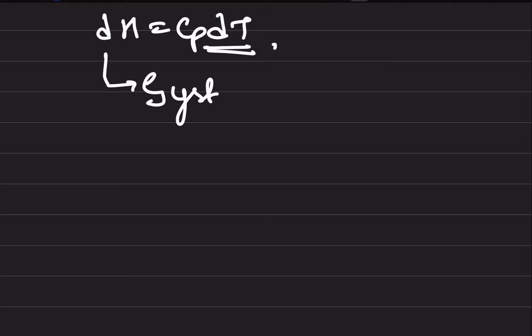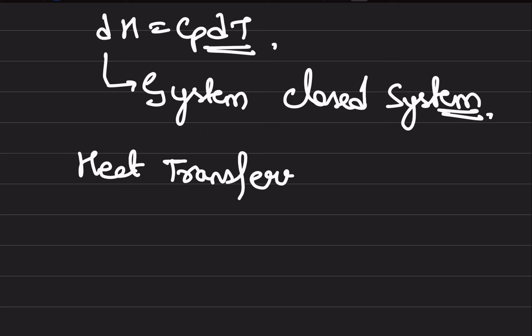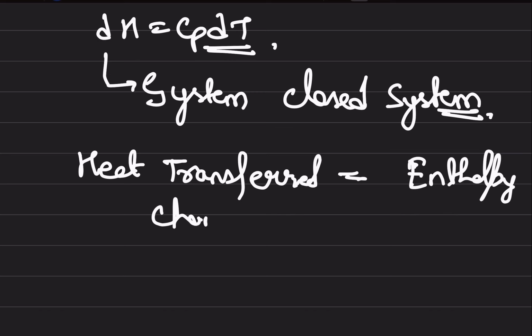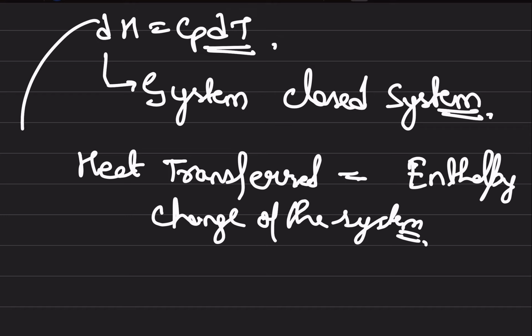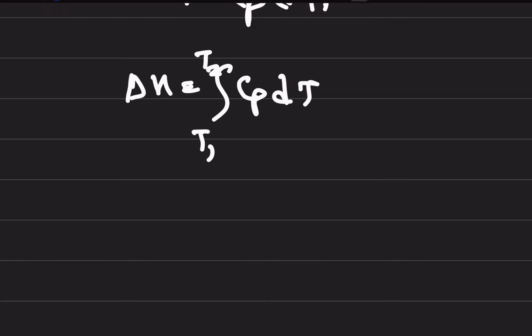In this case also, we have to remember that the system is a closed system, and the heat transferred is equal to the enthalpy change of the system. So dH is equal to Cp dT, or delta H is equal to the integral from T1 to T2 of Cp dT.